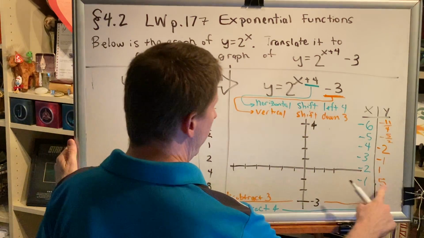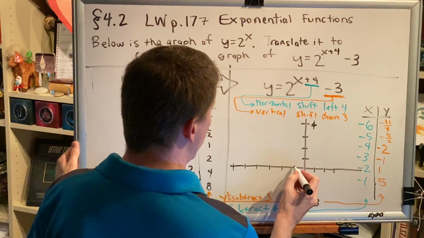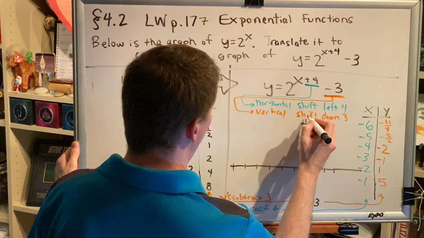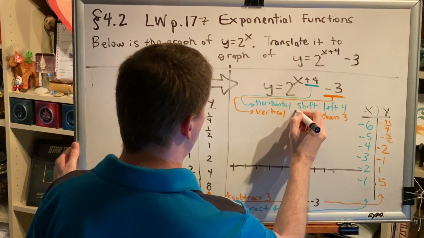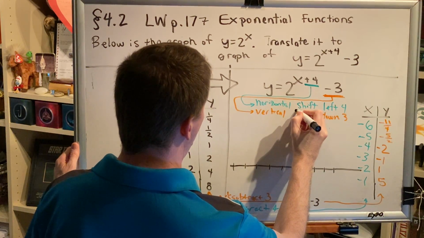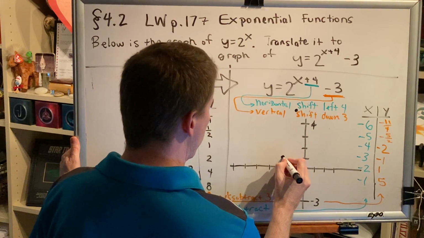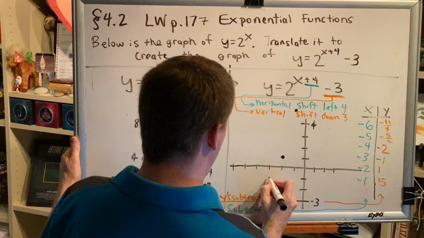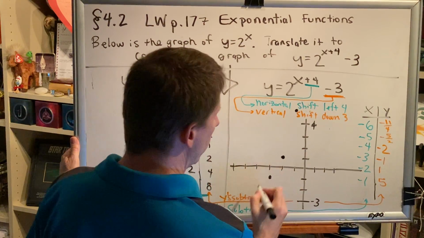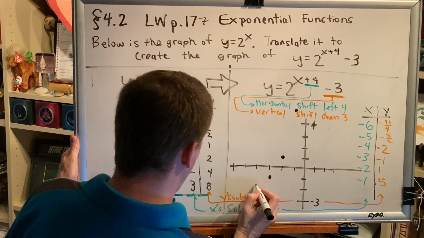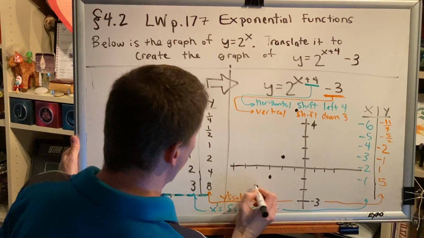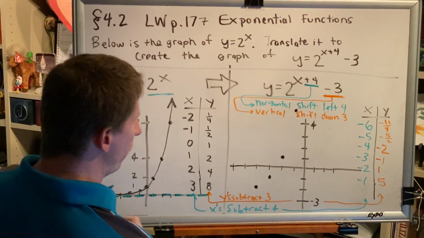All right, so -1, 5. So that's actually going to be just a little bit off the grid here. So I'd say that that point is maybe located there. -2, 1 would be here. -3, -1 would be here. -4, -2 would be here. -5, -5/2.